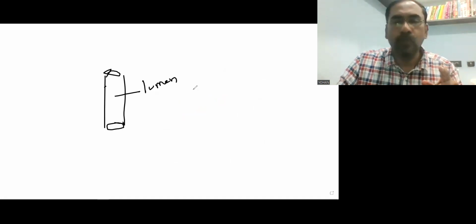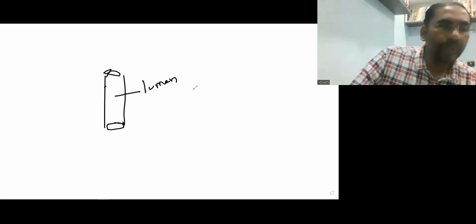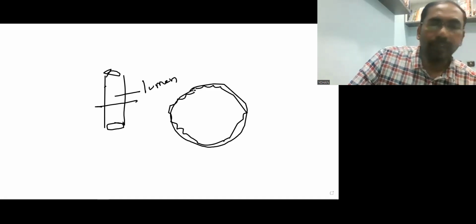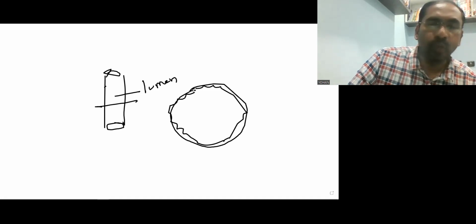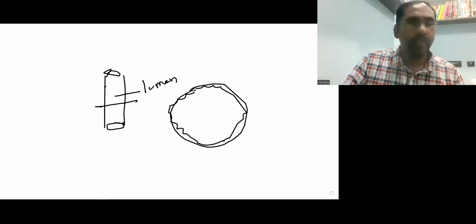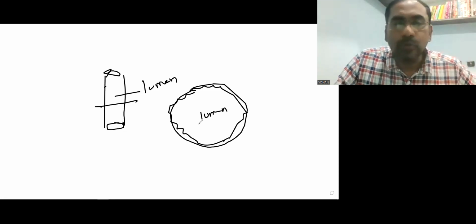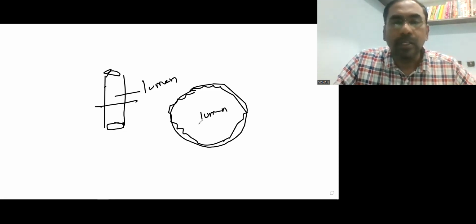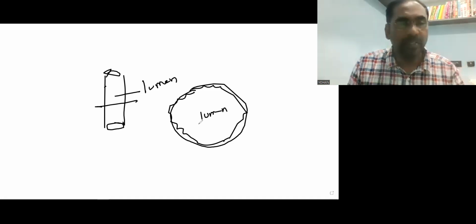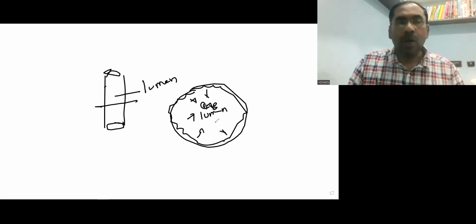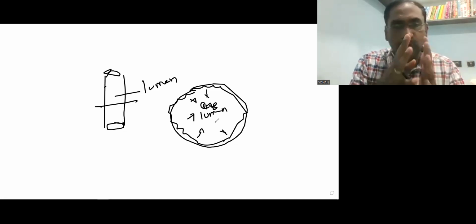It is made up of what? Cells. Okay, now this is called lumen. What is this lumen? Cavity. Now, once the food reaches the lumen, you can observe the release of enzymes into the space. By the action of enzymes, the food can be digested.